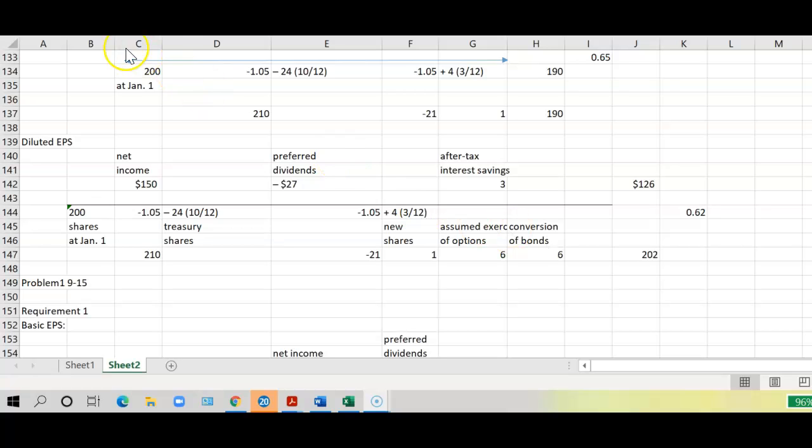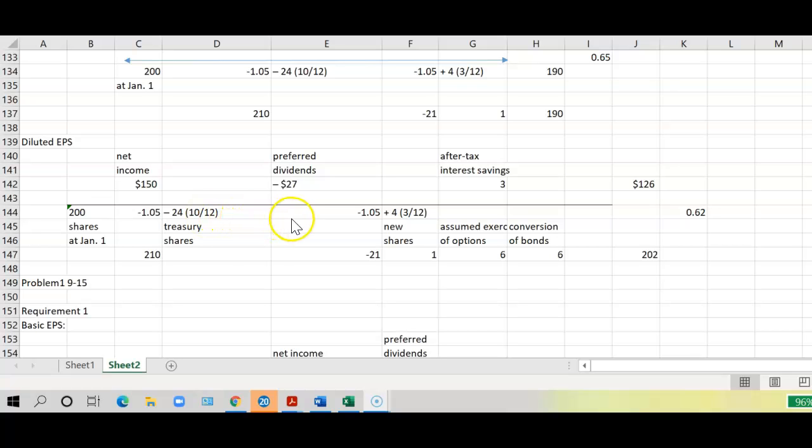Well, first, the beginning shares in 2021 was 200 million. Then they purchased 24 million of their own shares, which are treasury shares, and that happened in March, which was 10 months divided by 12 months.